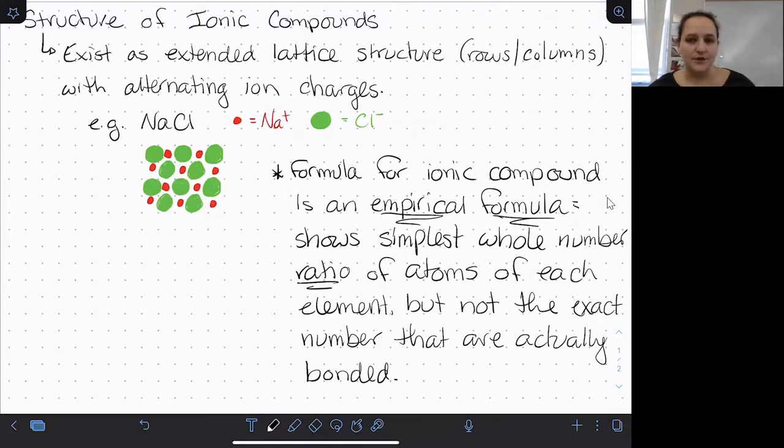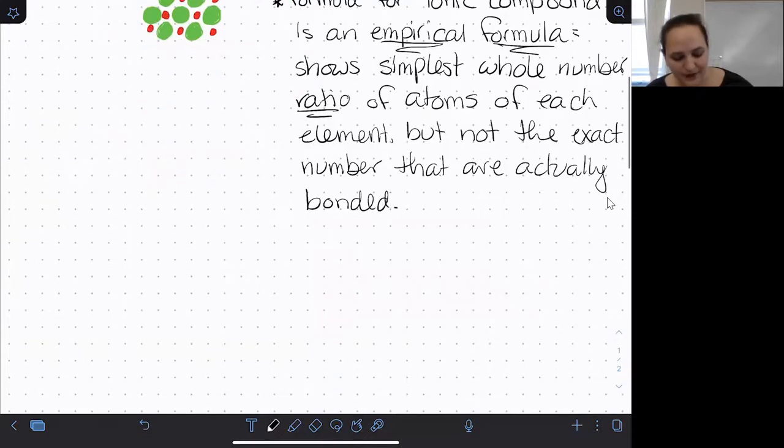This is very much in contrast to covalent compounds, which do not exist like this most of the time.